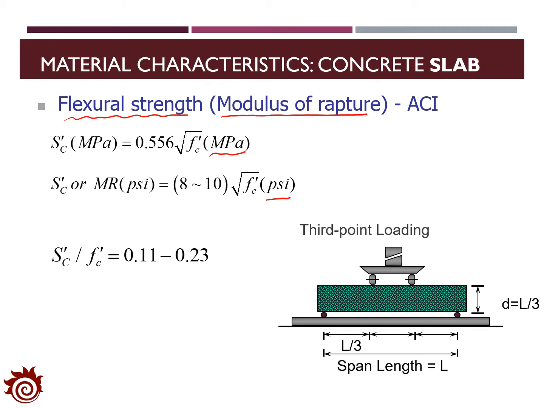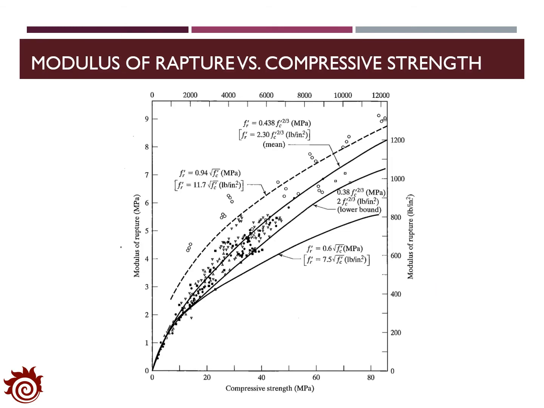Usually, for the field design, we will assume that the ratio between SC and FC is between 0.11 and 0.23. We will find some typical values in this range for the design of the rigid pavement. The figure here shows the relationship between the modulus of rupture and the compressive strength.